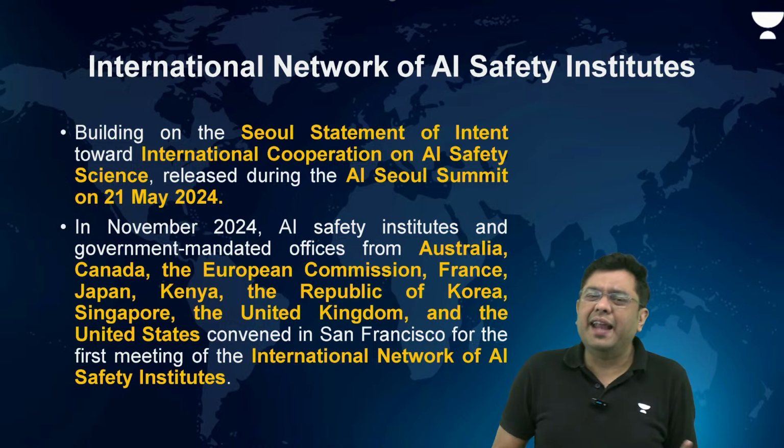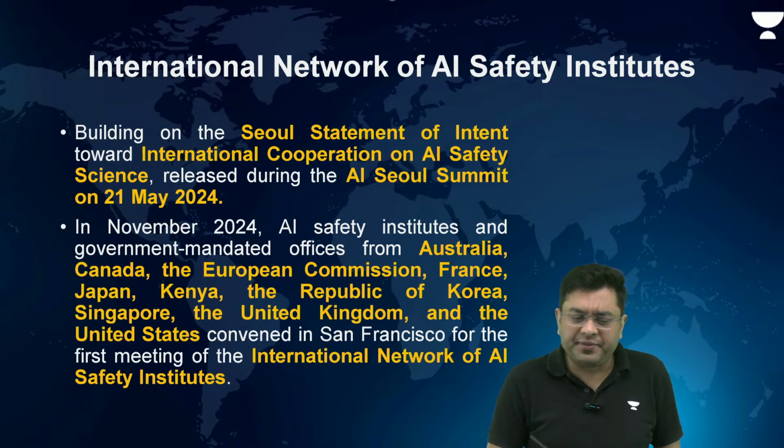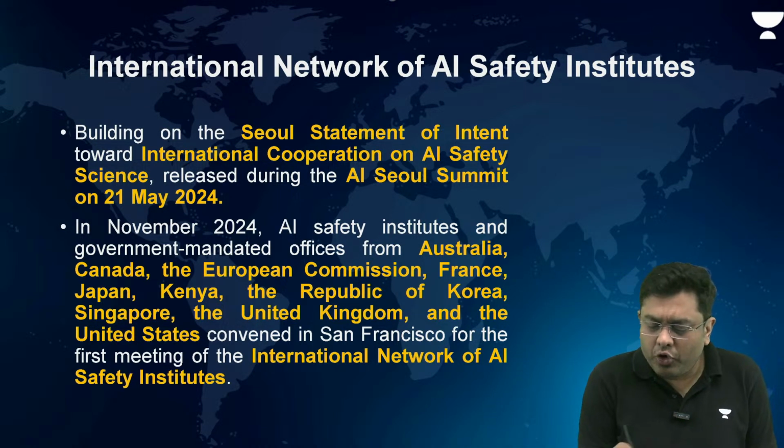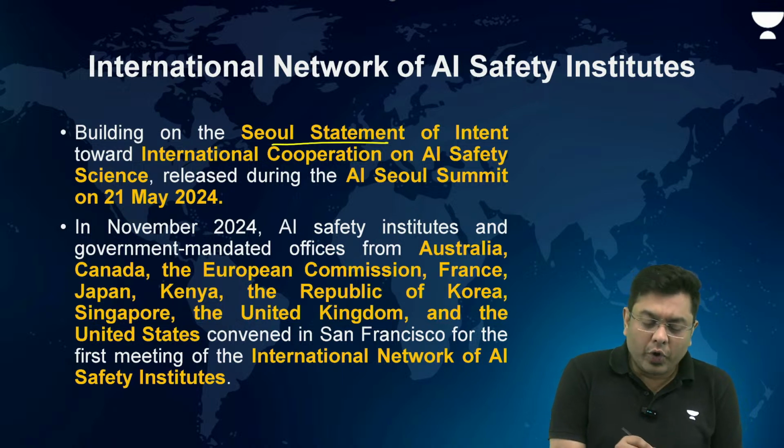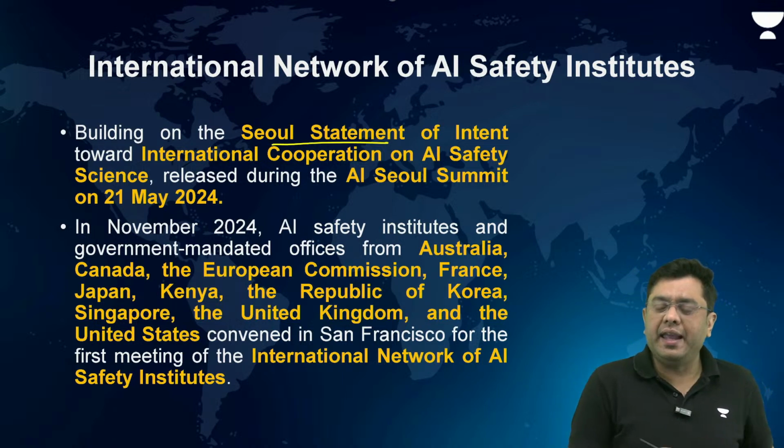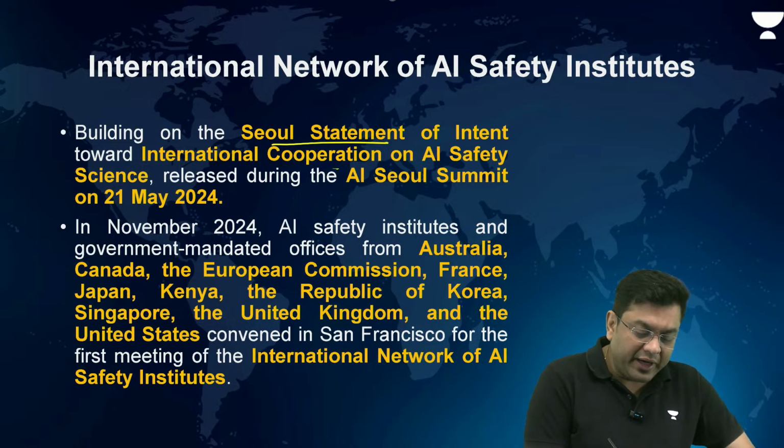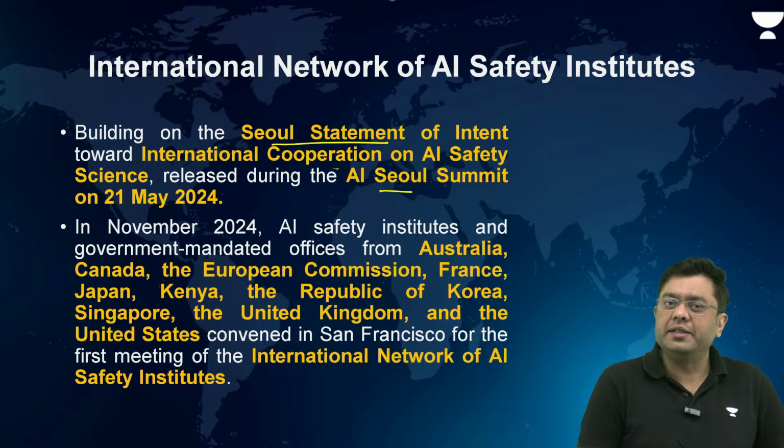Now, what are the international efforts relevant for your prelims? So you had the Seoul Statement of Intent towards international cooperation on AI safety science that was released during the AI Seoul Summit in May.